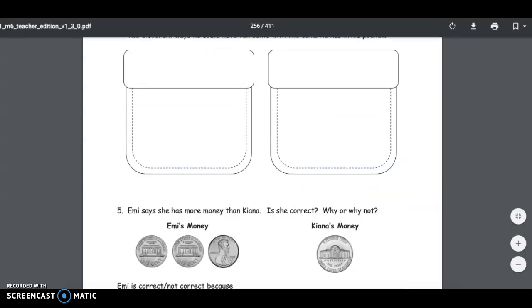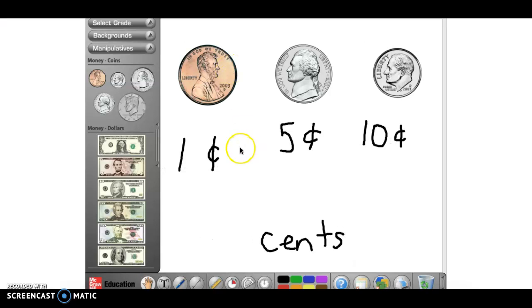For example, we know that a dime is worth 10 cents. So how many nickels would that be? Well, 5 plus 5 is 10, so 2 nickels equals 1 dime, or 10 pennies would also equal the same. If we wanted to ratchet it up a little, 1 nickel and 5 pennies also equals 10 cents, the same as a dime.